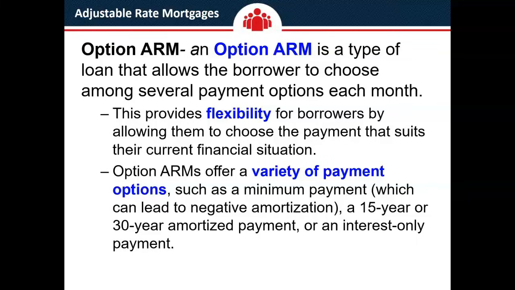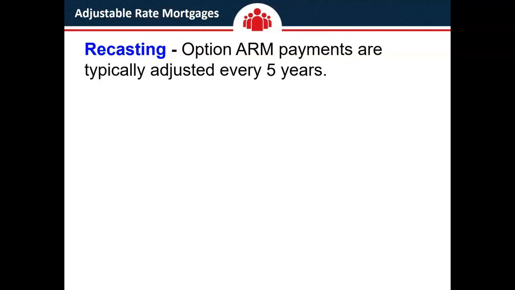Again, pretty dangerous, because what led to the mortgage meltdown is people paid only the minimum, and the balance on their loan grew, and they had a lot of negative AM, and the loans did something called recasting. Recasting is when they look at it all over again, and then they recast or readjust the loan. Option ARM payments were typically adjusted every 5 years.